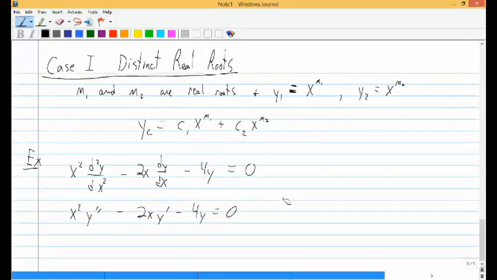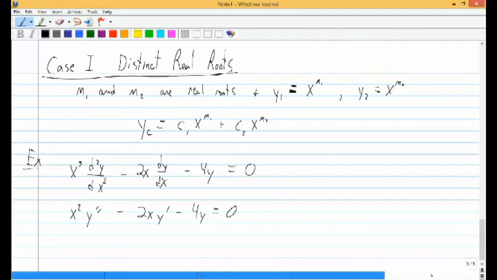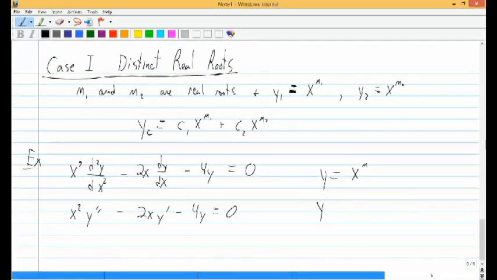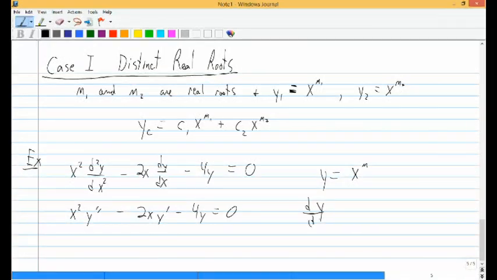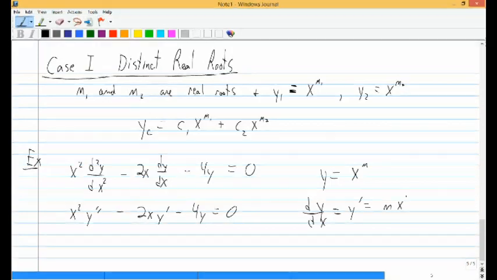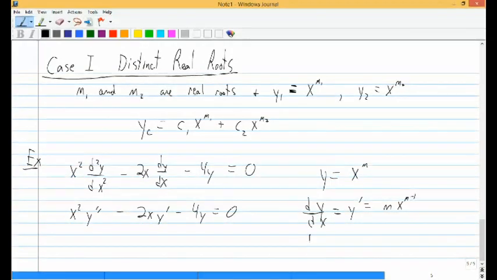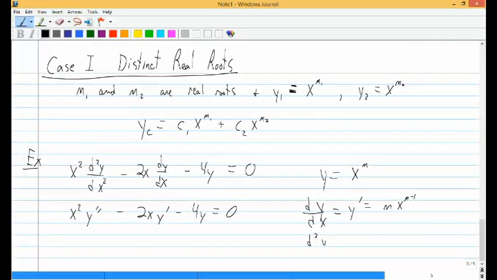Then if we were to let y equal x to the m, what would dy dx, or y prime, be? It would be m times x to the m minus 1. So what would be the second derivative?